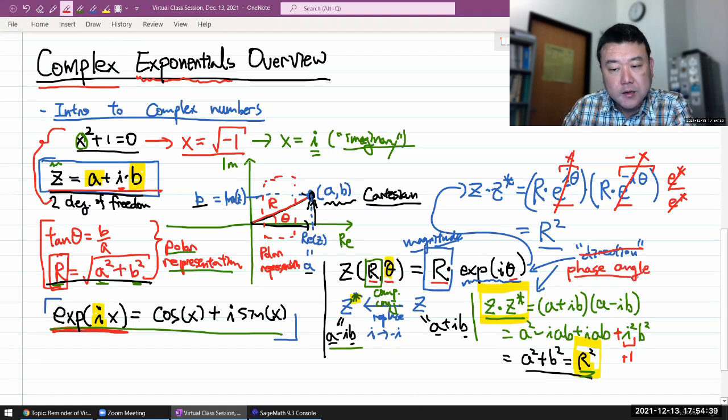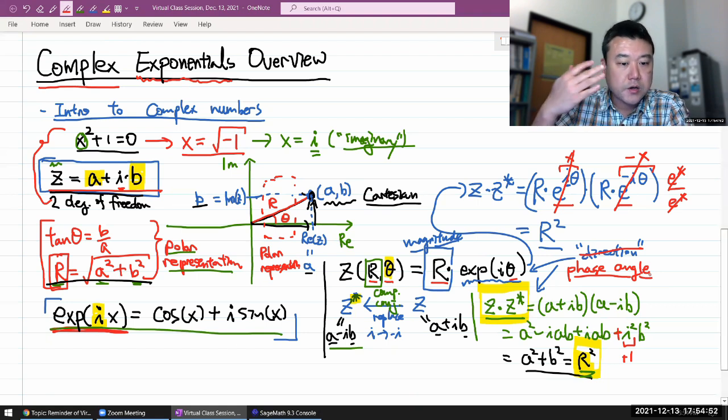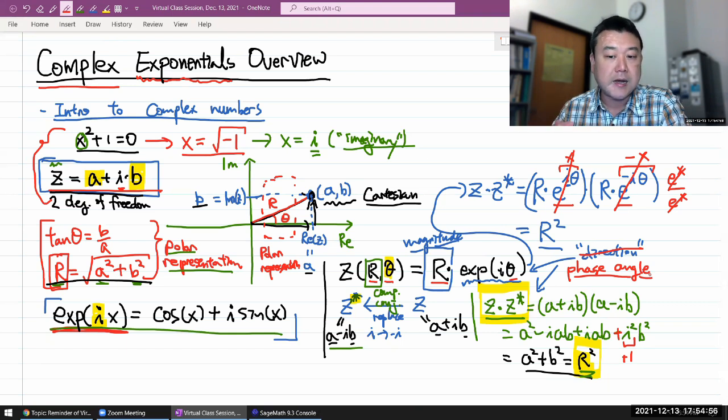Phase as a concept takes a bit of time to fully understand. What I can say at this point is that the situations where you will need to deal with a phase are when you're dealing with oscillatory phenomena.